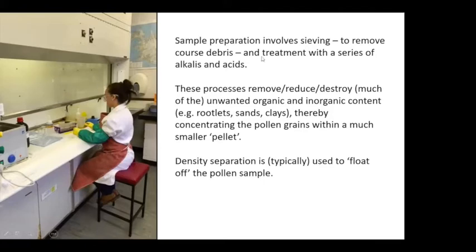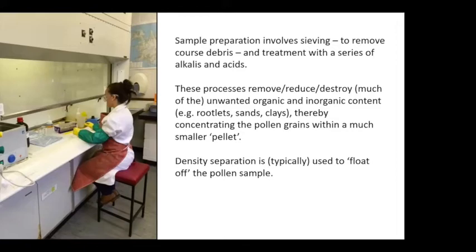Essentially the procedure would involve, first of all, a treatment with sodium hydroxide, which is a fairly weak alkali. What that would do is remove something called the humic acids from the sample, which are really the products of decomposition.